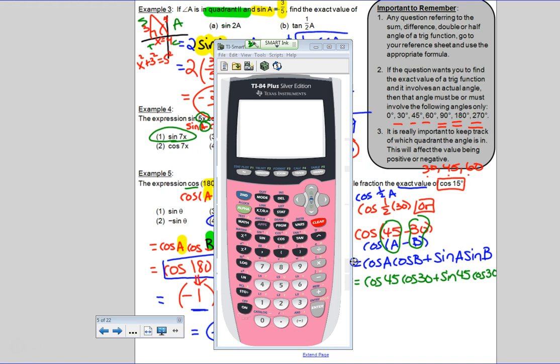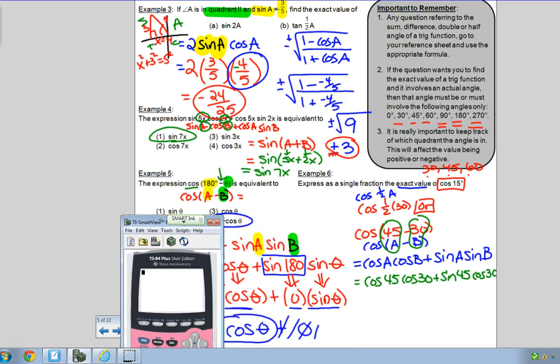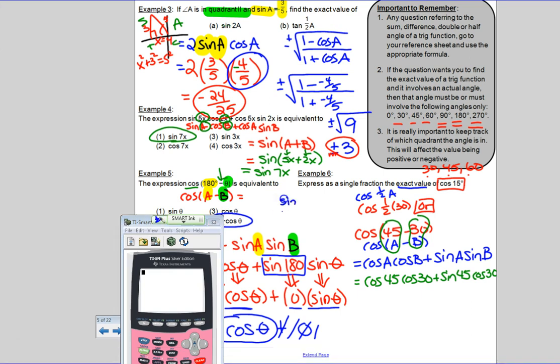Now the cosines of 45 and 30 and all that, we did exact values of those last class. We did our special right triangles. So you may want to make your chart for those, where we did our sine, cosine, and tangent. I don't need tangent, so maybe I won't do that one.